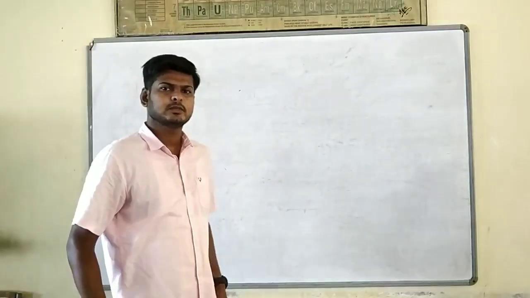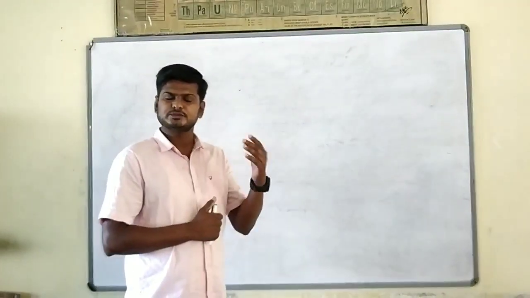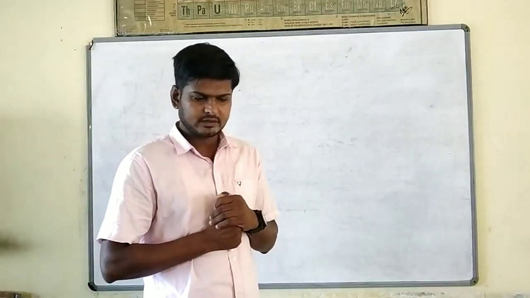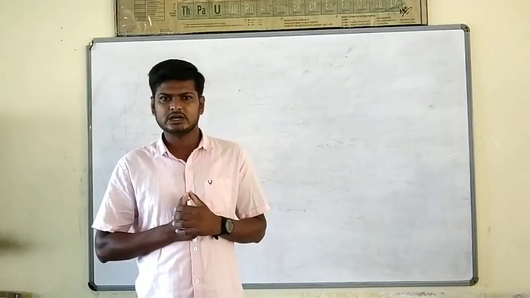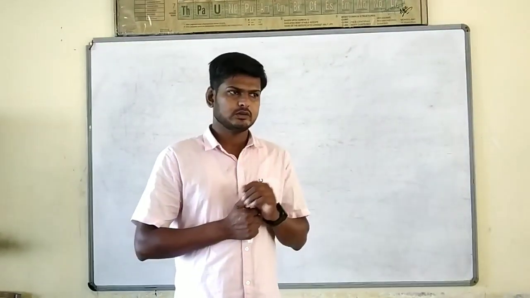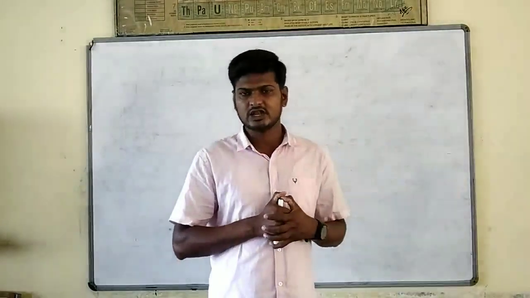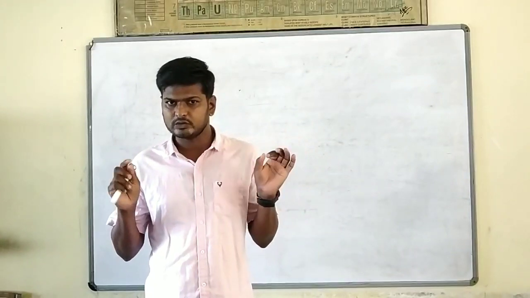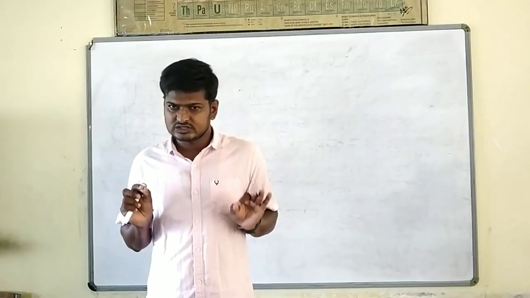Last class we discussed fundamental physical quantities: what is meant by a physical quantity, the types of physical quantities, and units and their types. We also discussed the 7 fundamental physical quantities in nature.